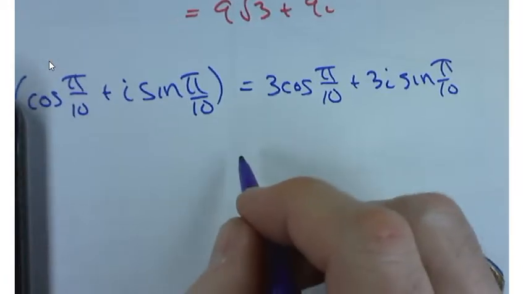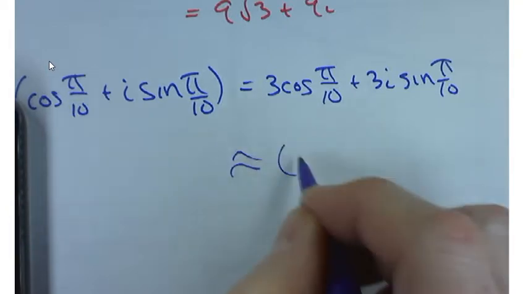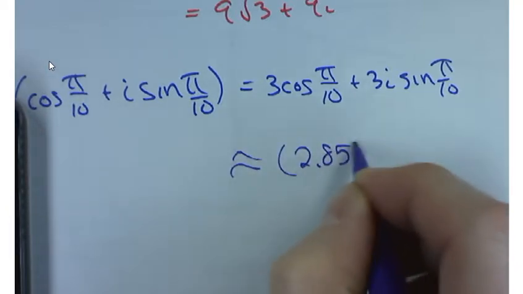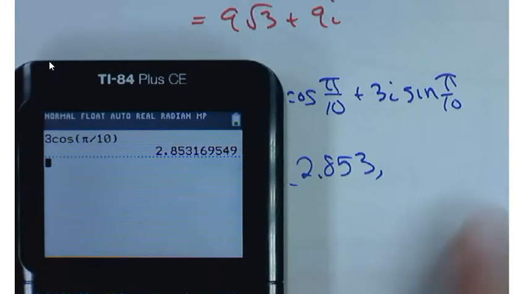So please be careful in rounding. This is going to be approximately 2.853. Let's do the same thing with the sine. 3 sine of pi divided by 10.